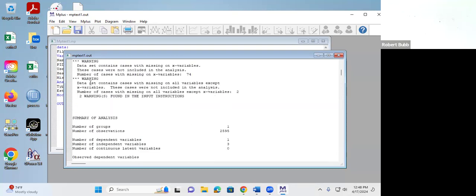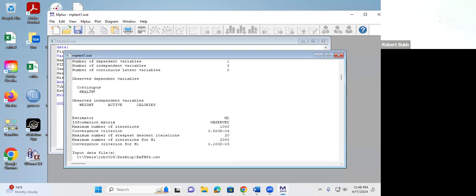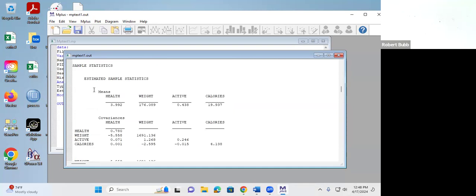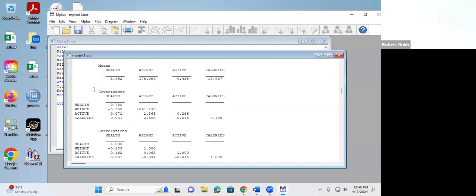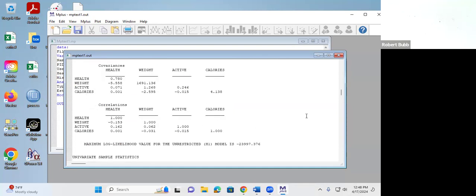Okay, so let's take a look at it. Again, some basic stuff up front. We do have our covariance and correlation matrices. What are we looking for here? We're looking for collinearity among the predictors. Does it look like any concerns here? No, everything is pretty small correlations.